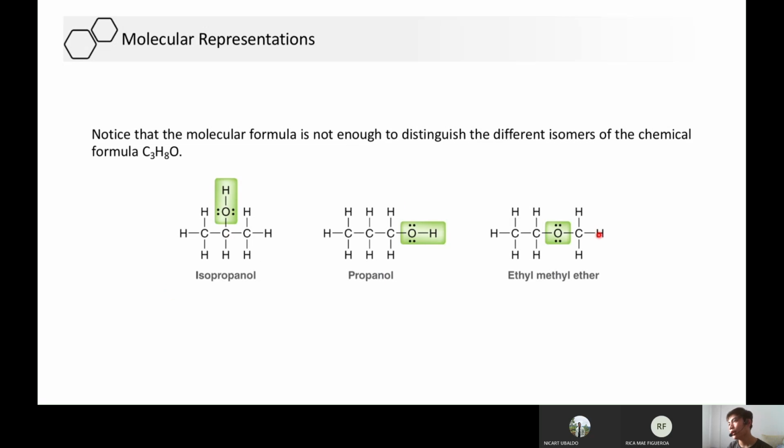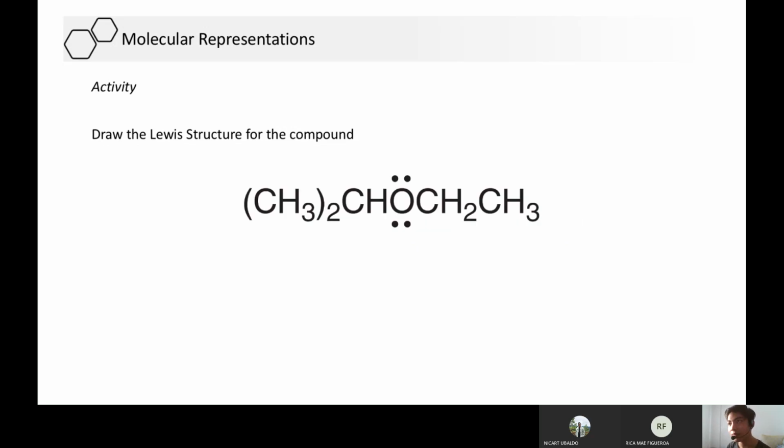And if the oxygen is in the middle, we have ethyl methyl ether. In the future, you will learn the naming processes. So, we will study naming in the future. Okay. What type of representation is that?